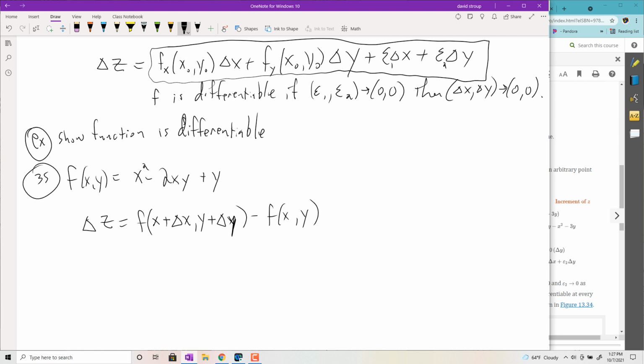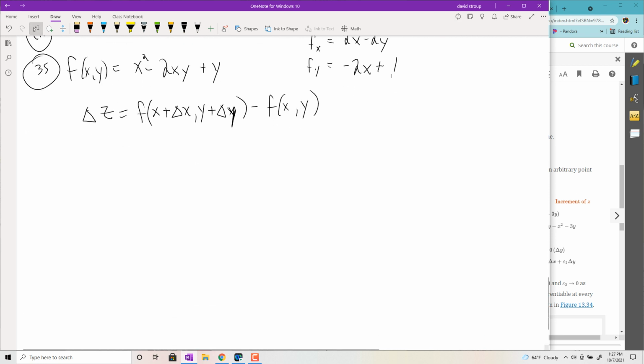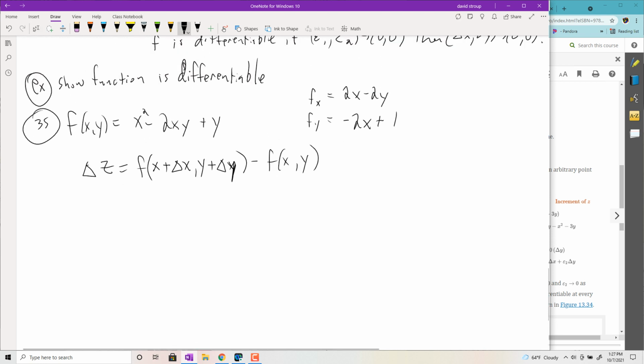So anyways, I need to get f sub x and f sub y just so I can identify them and piece this thing together. So with respect to x, it'll be 2x minus 2y. With respect to y, it'll be negative 2x plus 1. Okay. So anyways, let's figure out what this delta z thingamajig is. So it's going to be nasty, but I'll have x plus change in x wherever I see x, and y plus change in y wherever I see y.